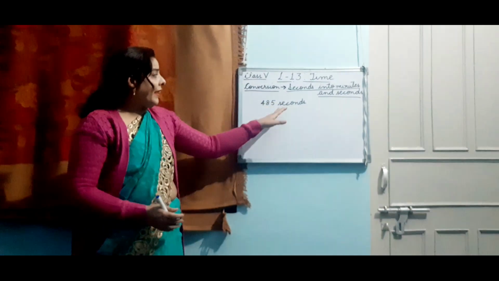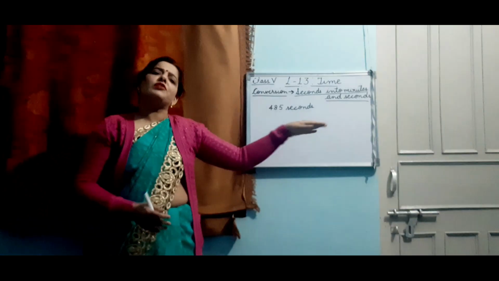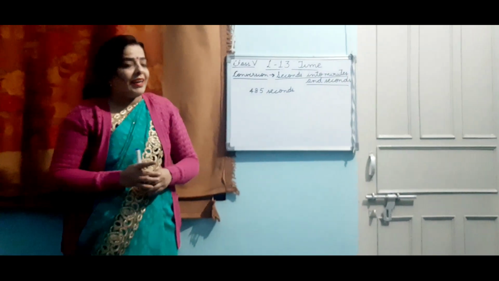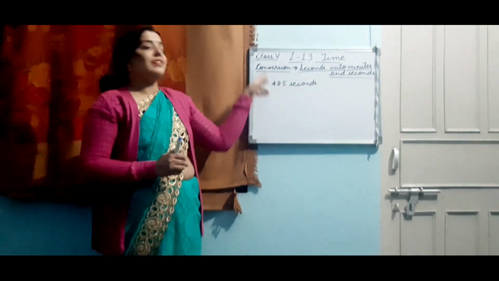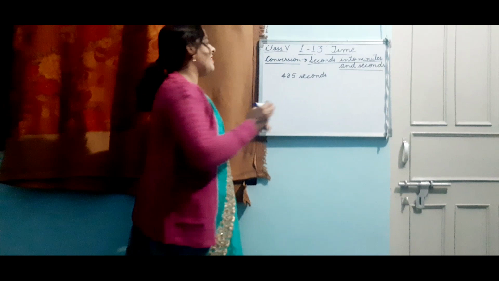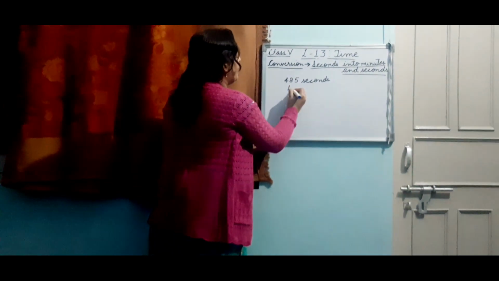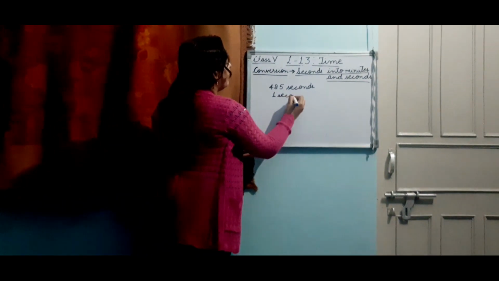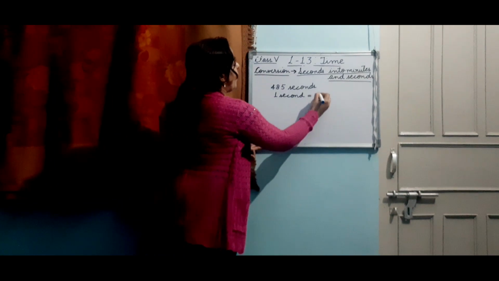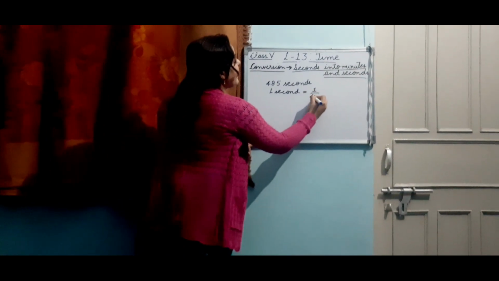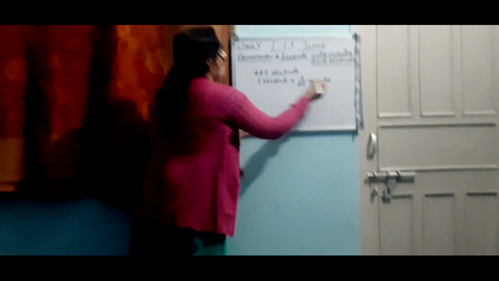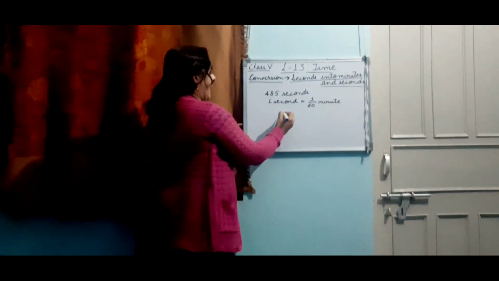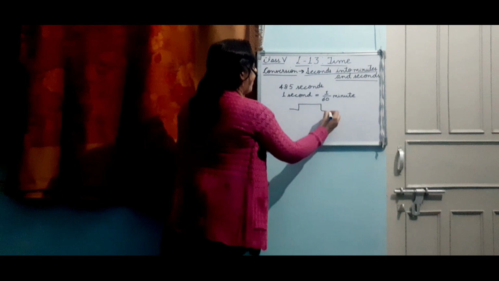Now here seconds is given and we have to change it into minutes and seconds. Now again out of 2, second is smaller. Smaller thing is in the question. That simply means that we will write formula using upon, division. 1 second is equal to 1 upon 60 minutes. Okay, and now after division you will get the answer. You divide 485 by 60.